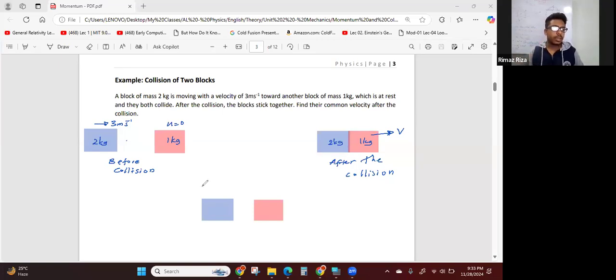Here I will consider one more thing: the 2 kilogram and 1 kilogram blocks at the moment of collision.